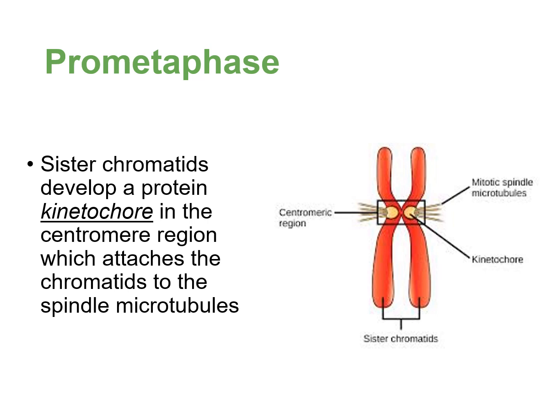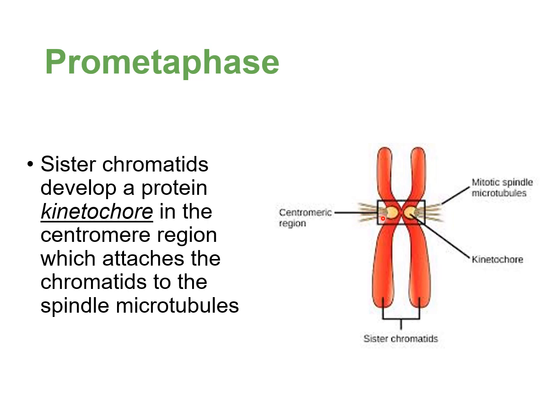Prometaphase, so this is kind of the in-between prophase and metaphase. Again, I normally just kind of skip to metaphase, but the book kind of goes through it like this, so we'll stick with that. But in prometaphase, sister chromatids develop a protein kinetochore, which is right here in the centromere region, which attaches the chromatids to the spindle microtubules. So you can see the centromere here.